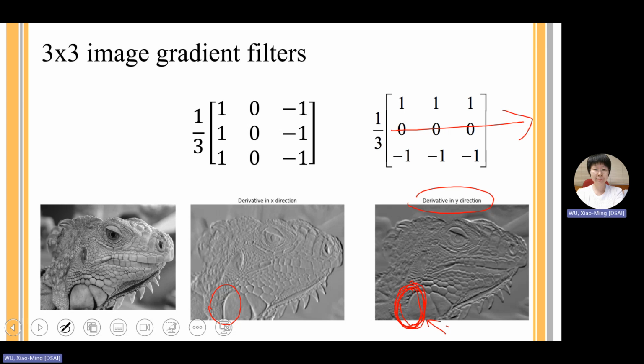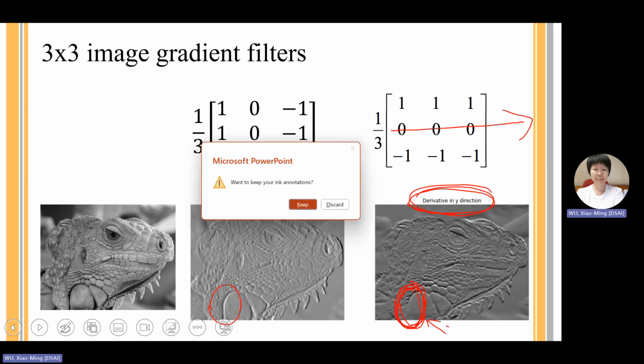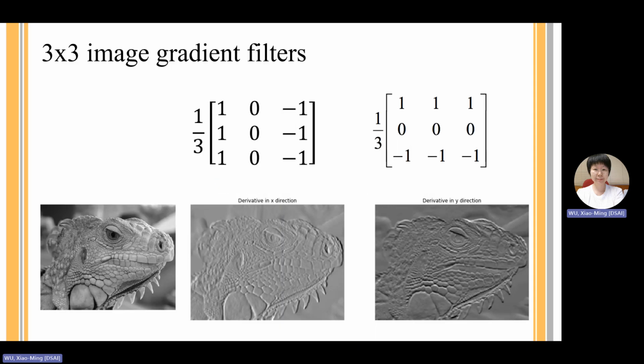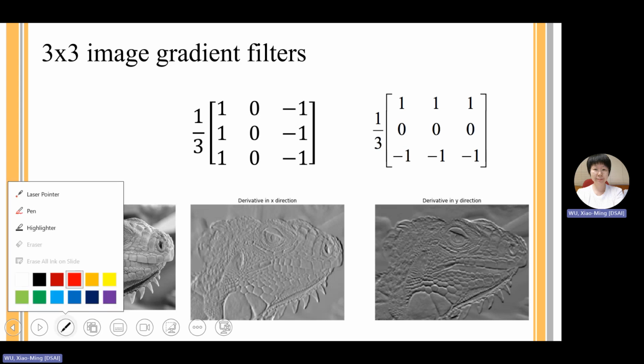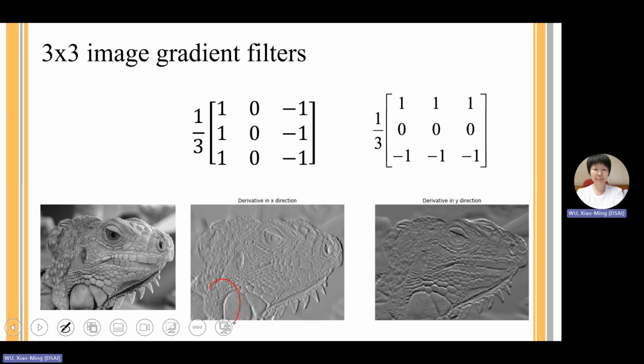They're not present in the output of Y derivative. In contrast, you can clearly see this vertical edge from the result of the X derivative. There's a clear vertical edge here, but not here. And similarly, there's a clear vertical edge here, but not here.